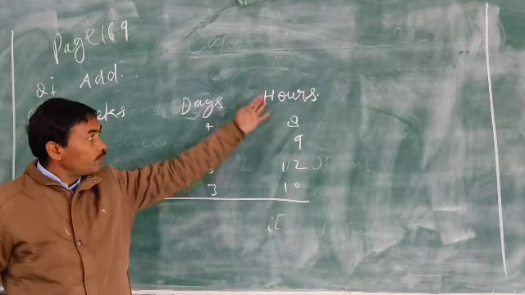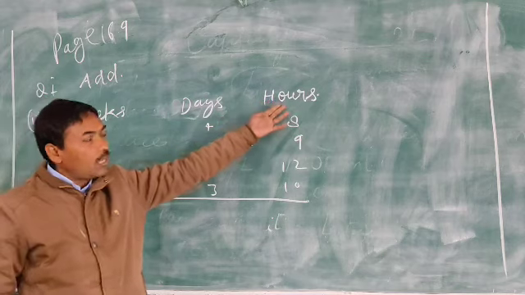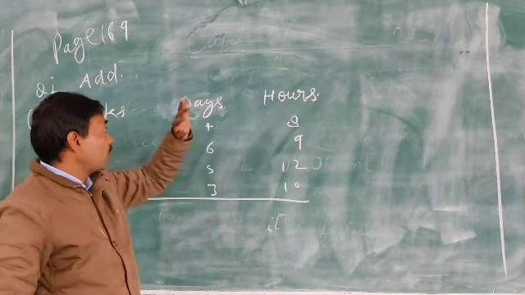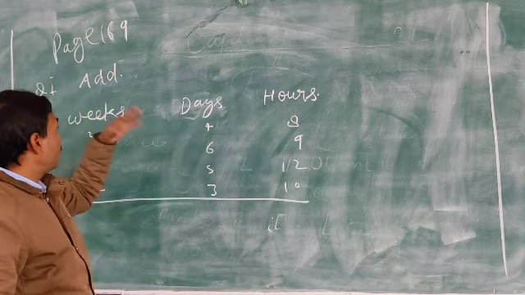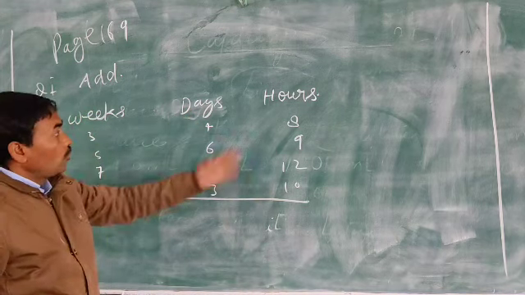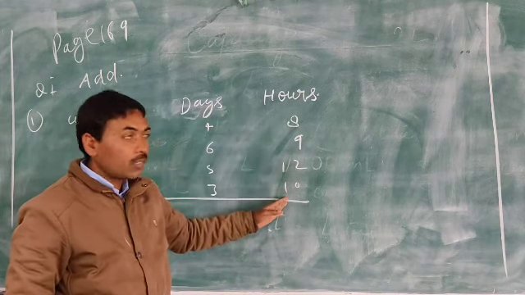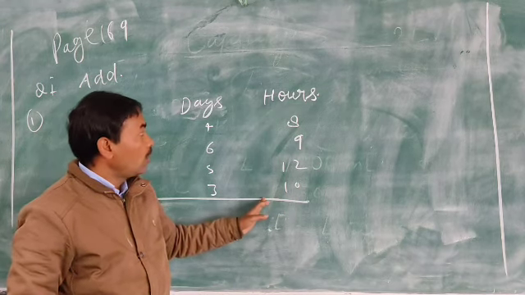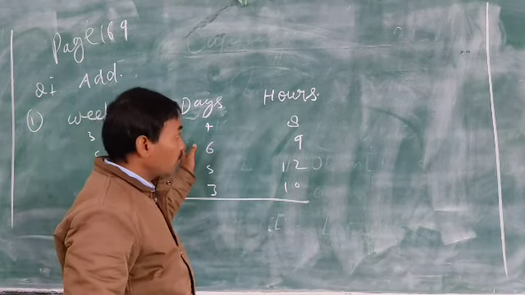We will add first hours from this side, because hours is a smaller unit of time than day, and day is a smaller unit of time than weeks. So first we will add 8, 9, 12 and 10 hours, and after that we will convert hours into days.